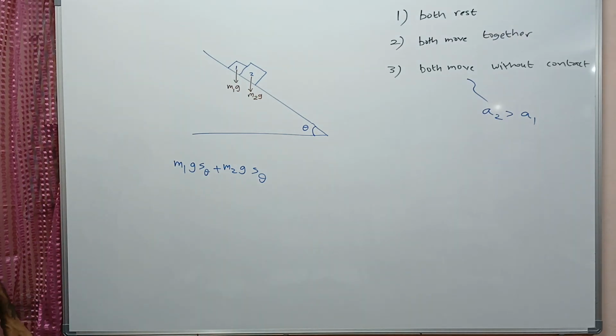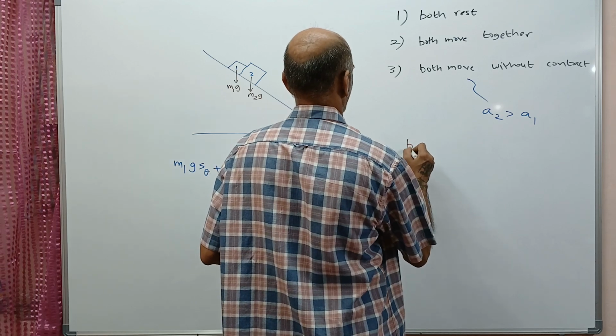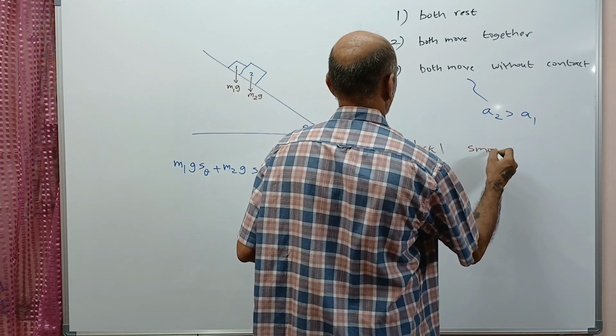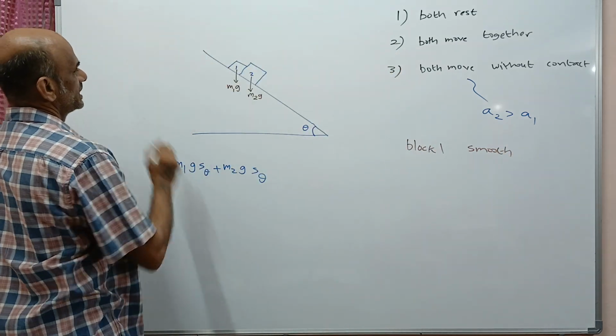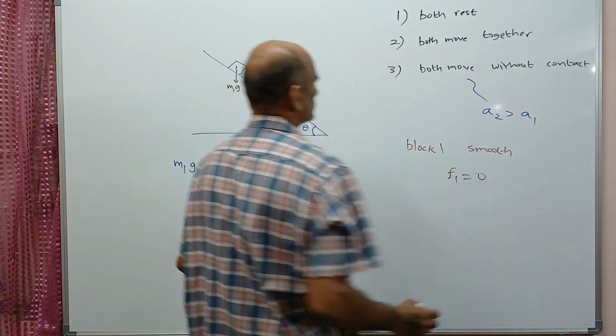Now let's consider a particular case where block 1 is smooth. So the friction force between this block and the inclined plane, let me call it F1, is 0.